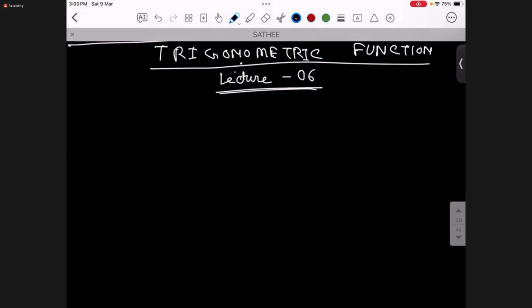So in the previous lectures, we were discussing trigonometric functions, and we discussed how we can measure an angle with respect to two different measurement concepts, radian measure and degree measure, and how we can convert from one to another.